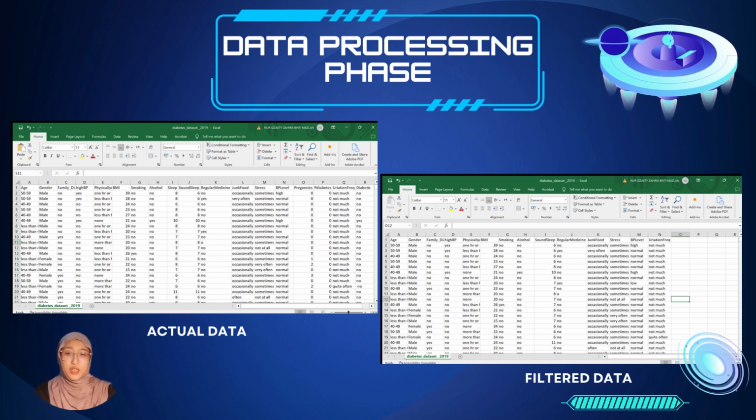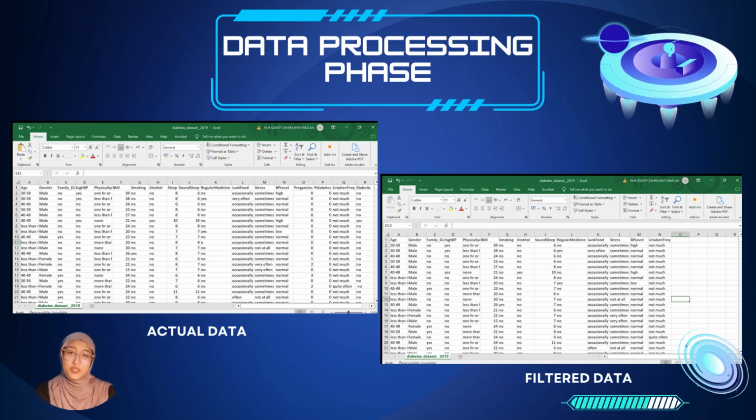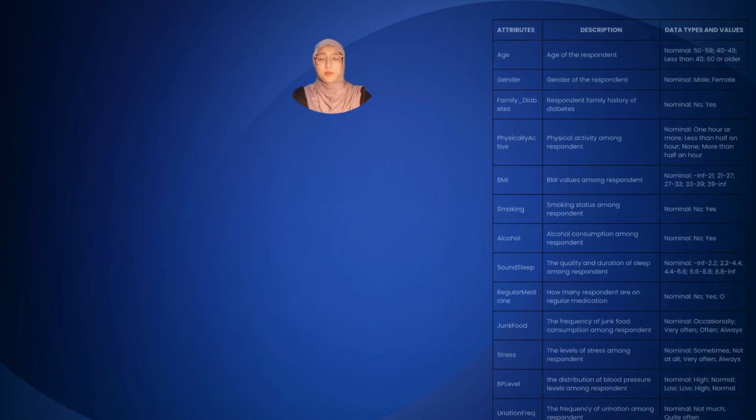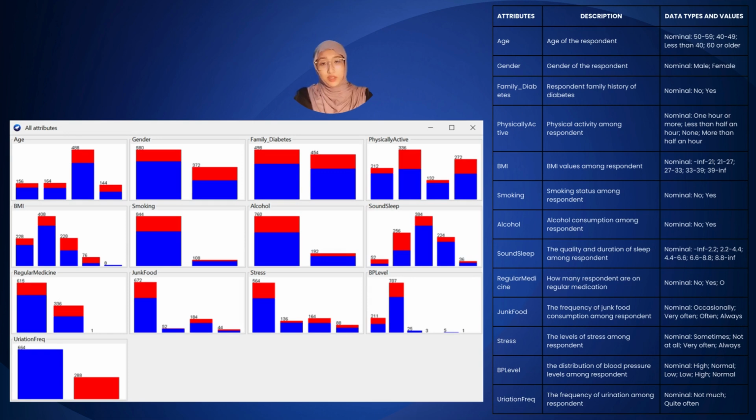These attributes are crucial in understanding the lifestyle and health conditions that contribute to diabetes risk. So let's look at the bar charts for each attribute. This visualization helps us to see the distribution and impact of each attribute on diabetes.